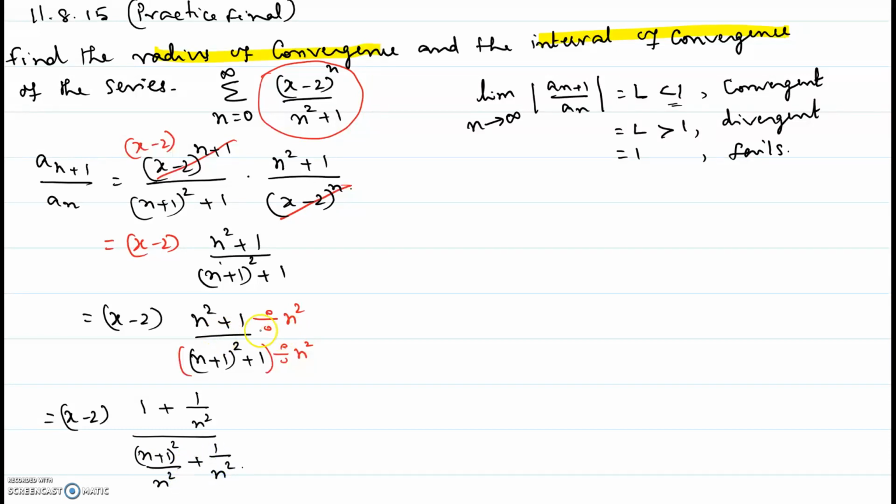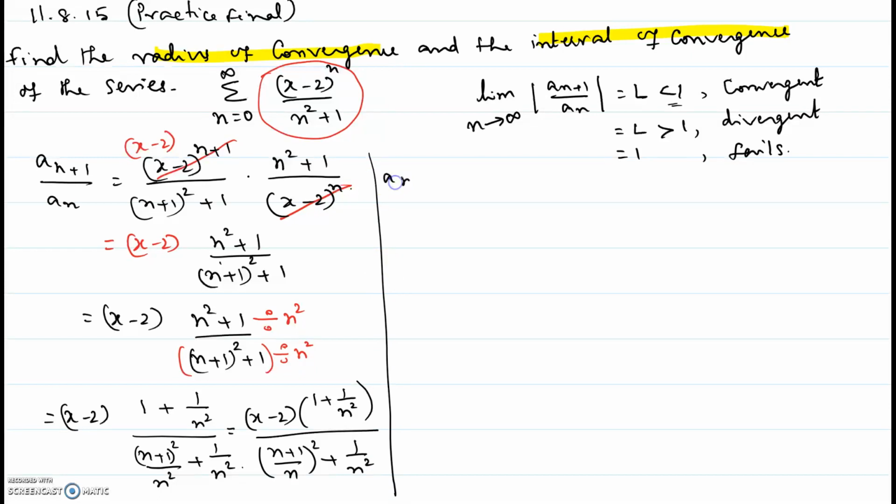When we divide every term in the numerator by n squared, every term in the denominator is also divided by n squared. So this would be x minus 2 times 1 plus 1 over n squared on the top. In the denominator, we will write this as (n plus 1 over n) the whole squared plus 1 over n squared.